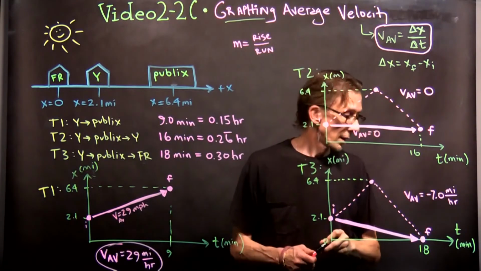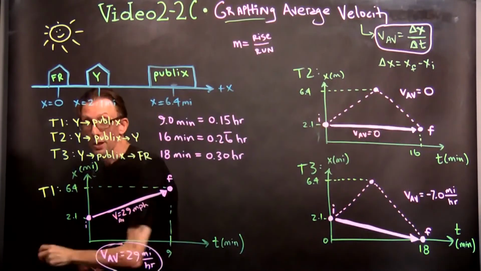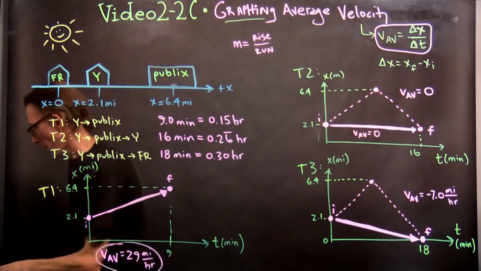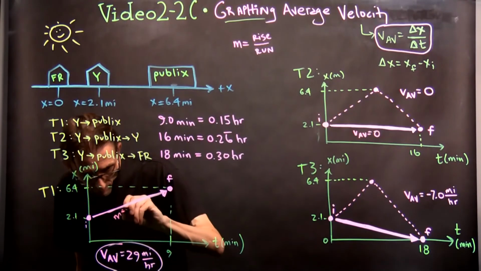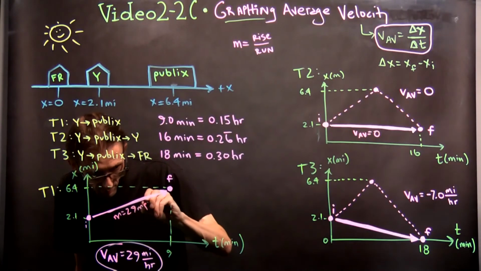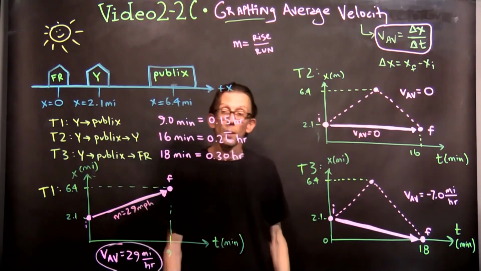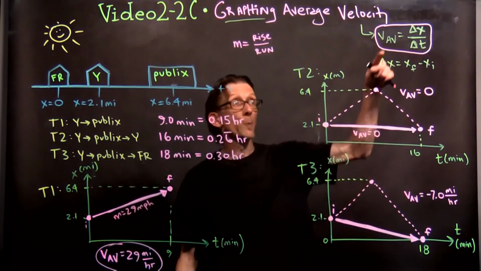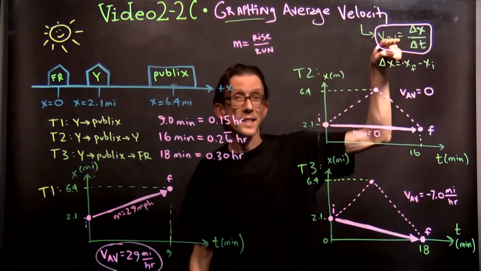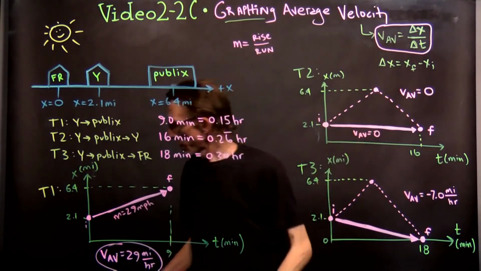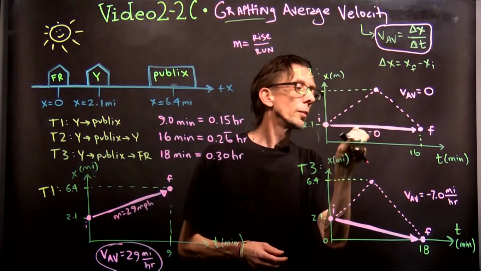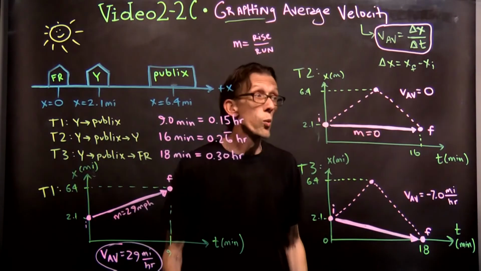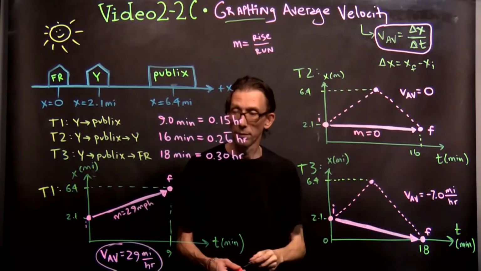Actually, what I should do here is say m is 29 miles per hour. Miles over hours, distance over time, displacement over time. This is exactly rise over run. The slope of this line, connecting the initial and final positions, is 0, which is the average velocity.